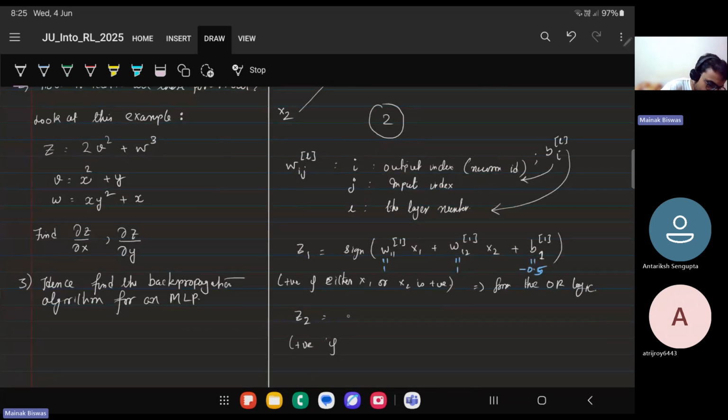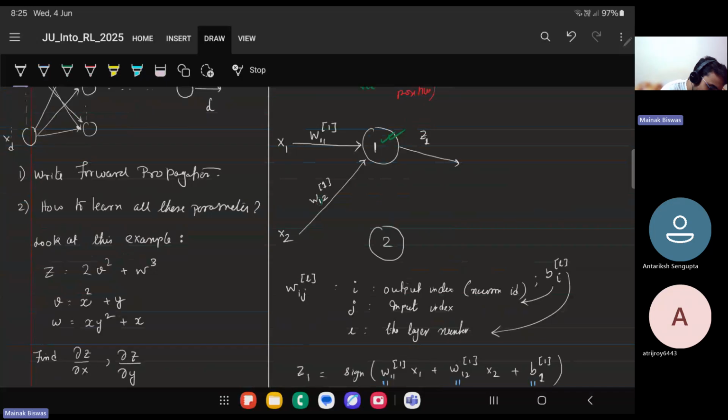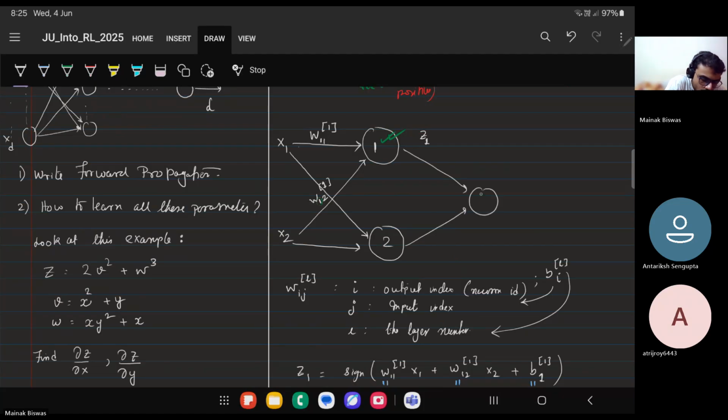So again, Z2, tell me the weights that will be linking Z2. Weight IDs, not the weight values, just the IDs, in the form of notation.